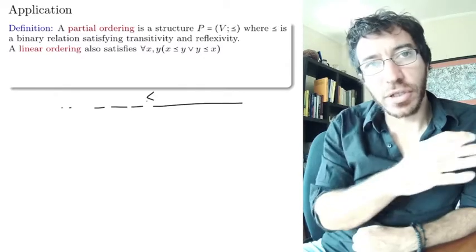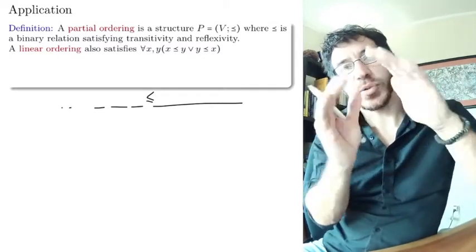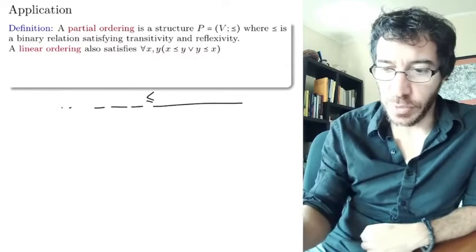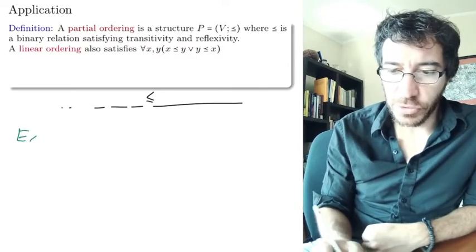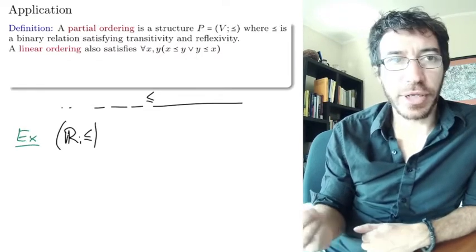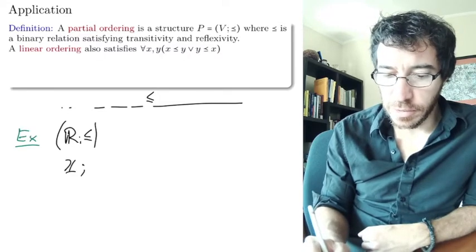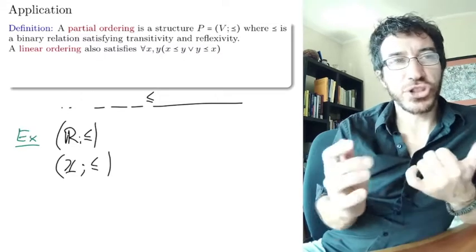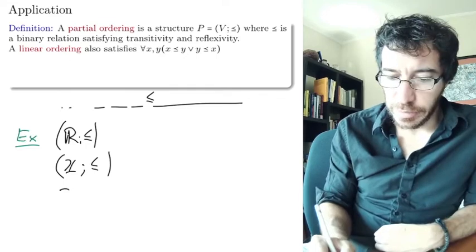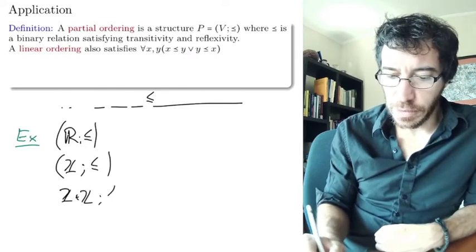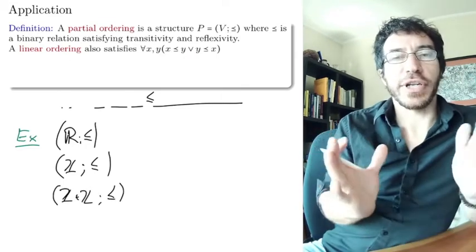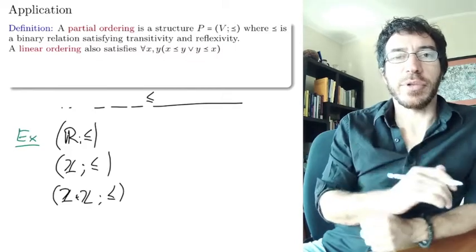All the elements are comparable to each other, so it looks like a line. The examples that we have used so far are the reals with less than or equal, the integers with less than or equal, and the double chain of the integers plus the integers. Those are all linear orderings. Any two elements are comparable.